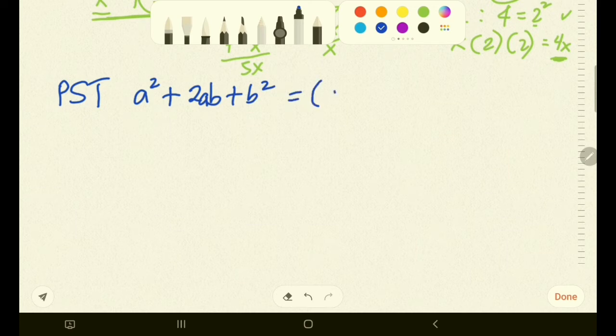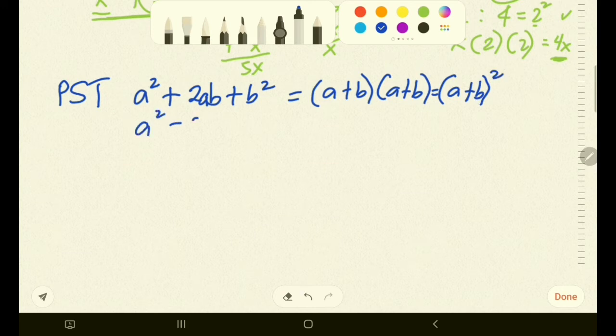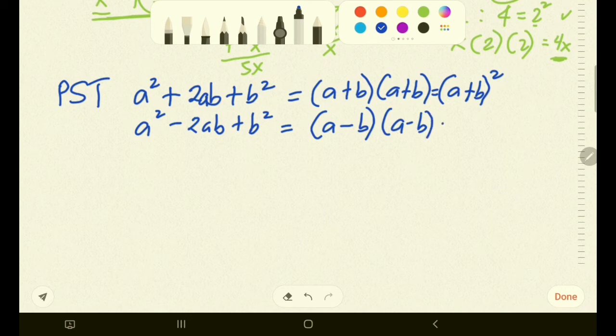So the factors are a plus b and a plus b, or expressed to the power of 2, the quantity a plus b squared. How about if you have minus? So the same pattern, that would be a minus b and a minus b. That would be the quantity a minus b squared. Okay? So that's very clear.